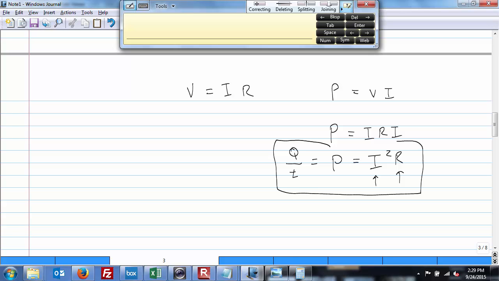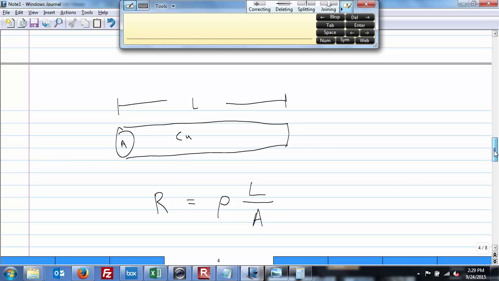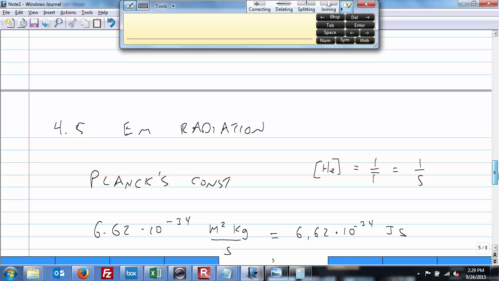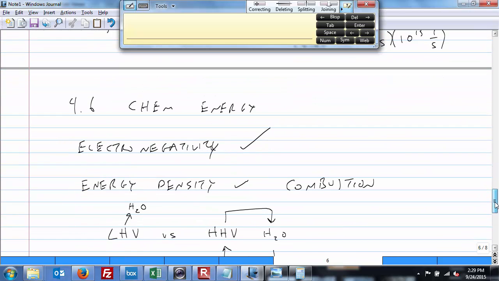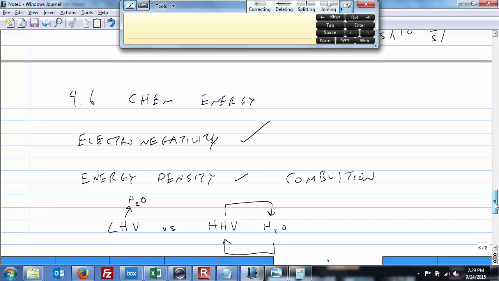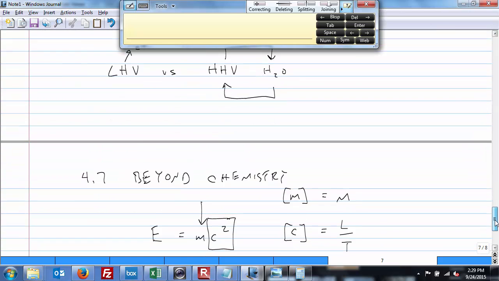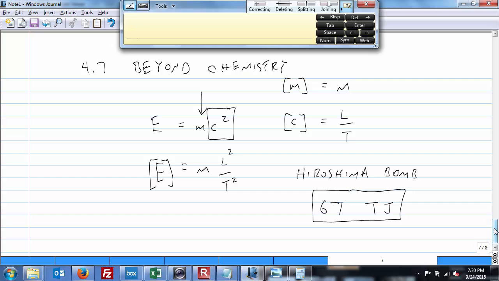That's how we did it. Unified those two things. Even took a little tour down resistance lane. That was fun. Did electromagnetic radiation. Again, energy ties it together. Chemical energy. Looked at batteries versus combustion. And then finally did a little Einstein to wrap it up.